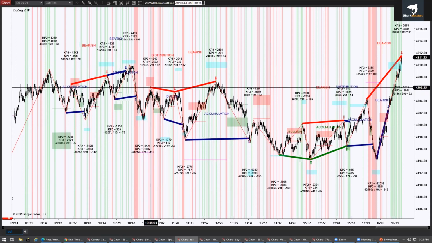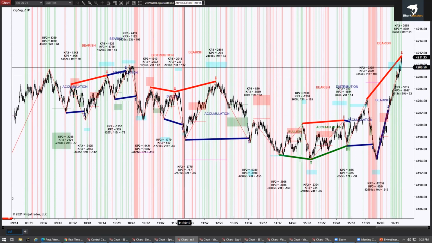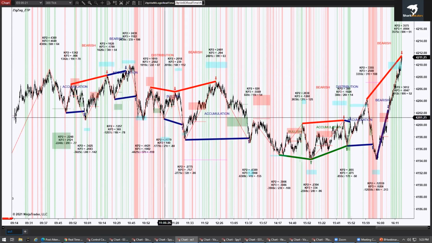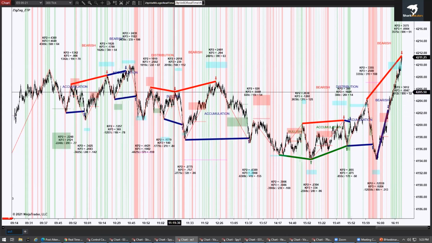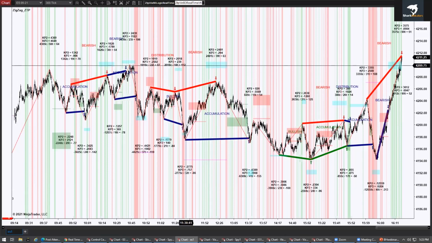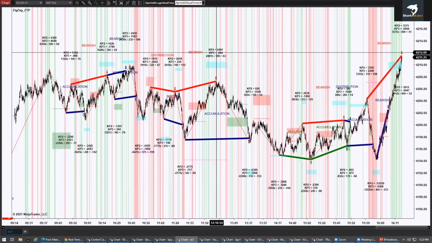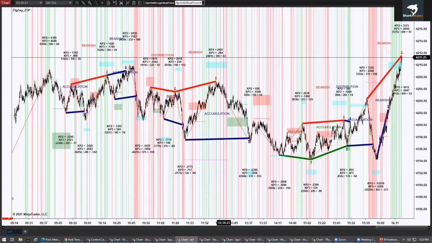The distribution divergence is based on every trade, market and limit, from this high right here to the low back to this high right here. But this 112 is the limit order resistance occurring from the low to the high right here. And we could see that as price went higher up here, they backed off of wanting to be sellers by 50%, because it went from 112 down to 63.